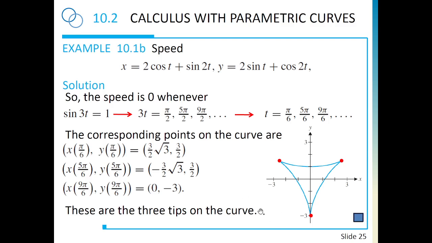And on the graph we realize that those points are these 3 corners, and then they keep repeating because the particle moves along the path non-stop, because here we didn't have any restrictions on the parameter t. So the procedure is quite simple and logical.